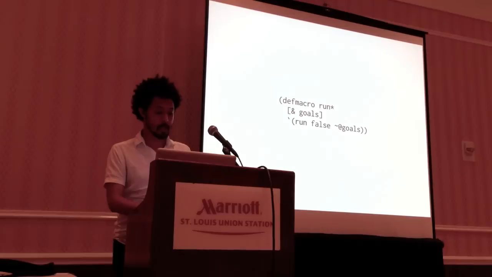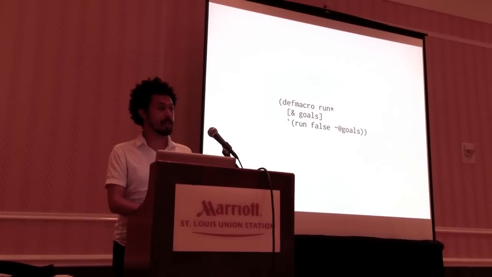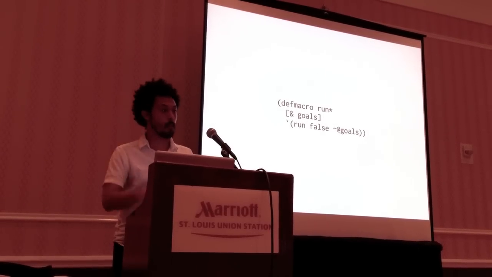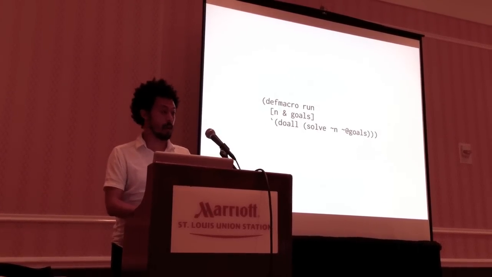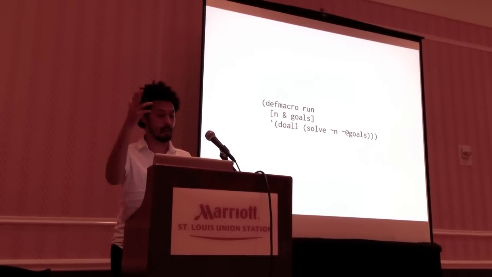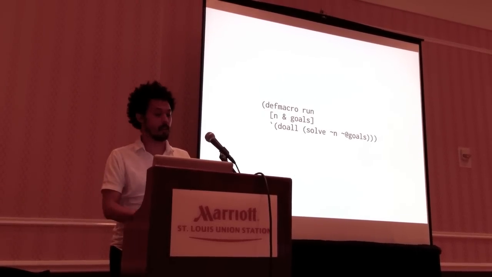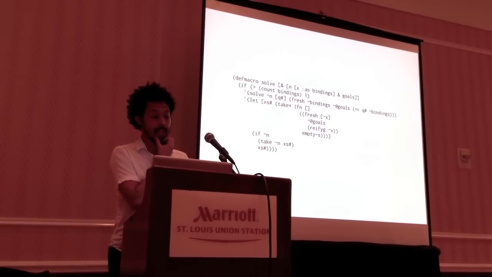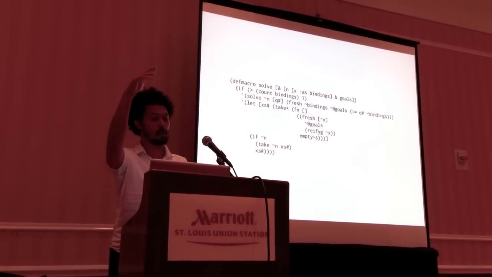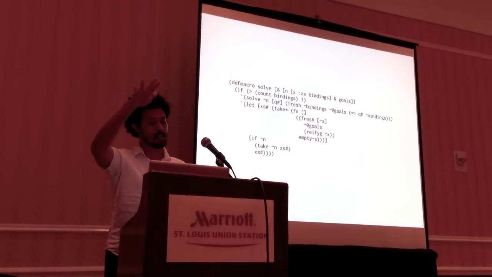I'm just going to show the last bits of code so we can break down the macros. Run star is going to expand into a run false. We're going to splice them with goals. Run expands into a do all solve, and we splice in whether you put in false or a number n, and the goals. Solve looks a bit like this. You can ignore the first part. Somebody submitted a patch where you can actually have multiple result vars if you want, just as sugar.